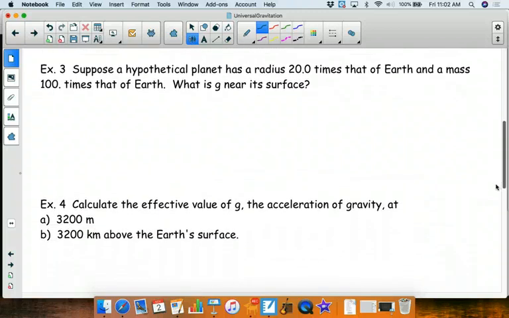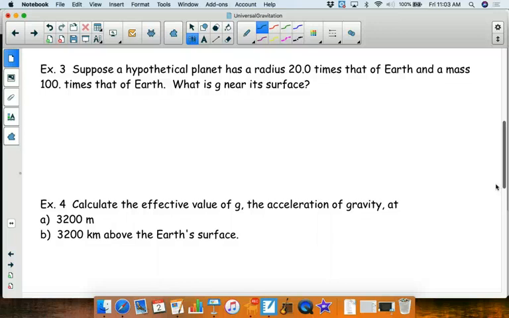Number 3, guys. You have a hypothetical planet with a radius 20 times that of Earth and a mass 100 times that of Earth. What's g, so little g, near its surface? No, little g, the acceleration due to gravity. So it's not going to be 9.81, because it's not Earth anymore, right?